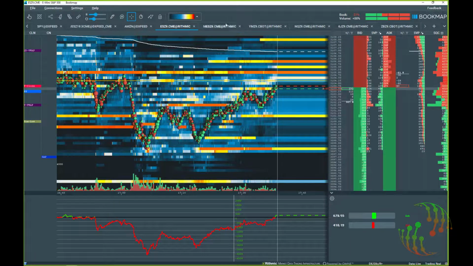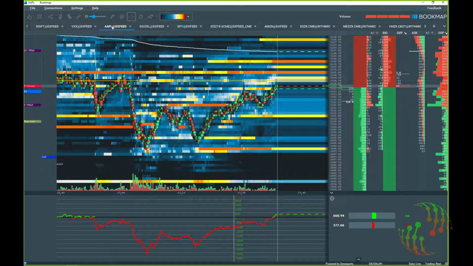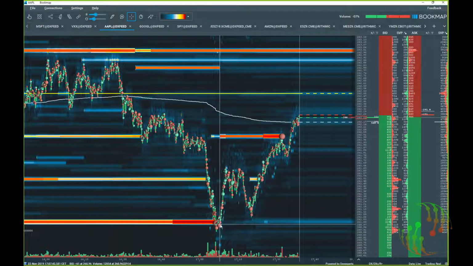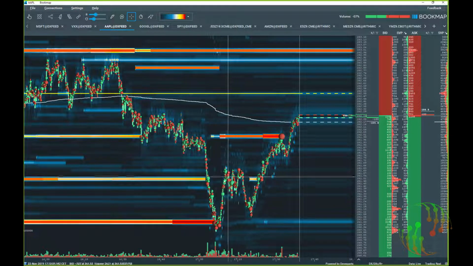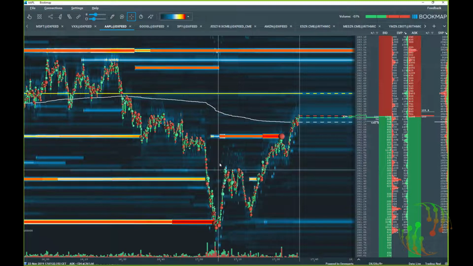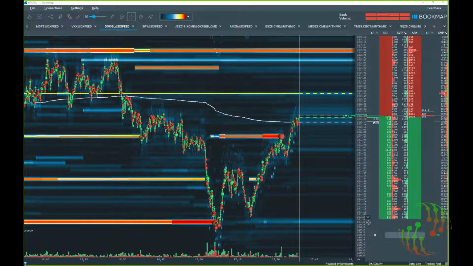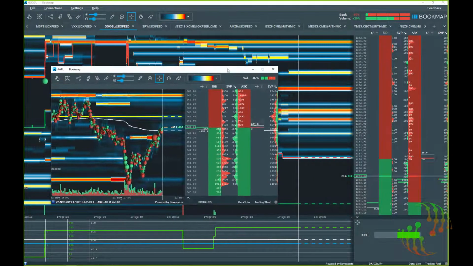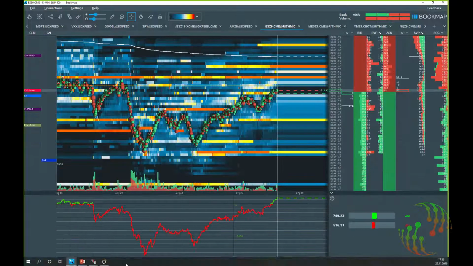That's especially so when you look at Amazon or Apple, and you see how they are supporting the S&P here, Apple. Absorption. And when you have this chart on another monitor, you can really be sure. Let me extract this chart here.